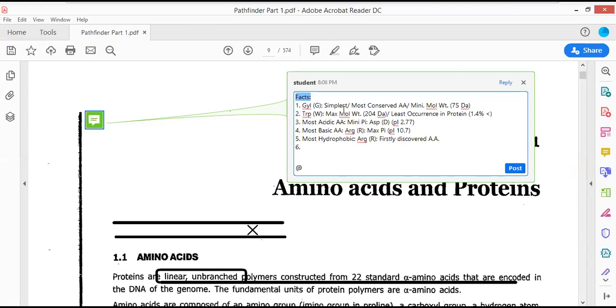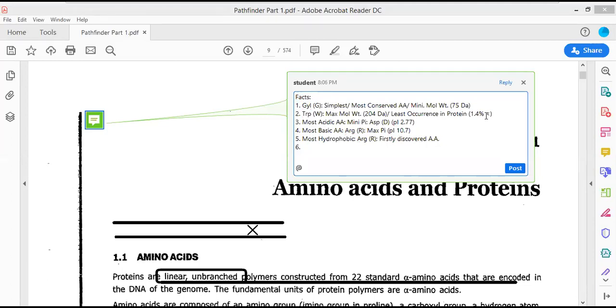Glycine is the simplest, most conserved amino acid. It has the minimum molecular weight that is possible. Now, tryptophan. It is the heaviest among all the amino acids known. It has a molecular weight of 204 Dalton, and it has the least occurrence in protein. That means less than 1.4% of protein is made up of tryptophan.